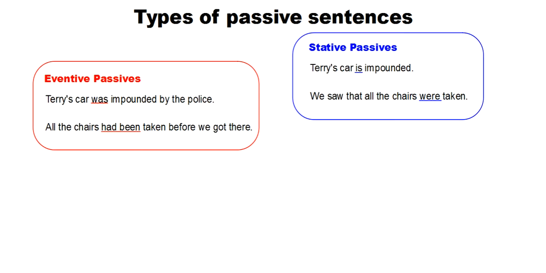So because Terry's car was impounded, it now is impounded. Because all the chairs had been taken, when we got there, we saw all the chairs were taken. So usually the stative passive is going to be one step ahead of the eventive passive, if you're comparing them like this. But just as a basic definition, the stative or static passive is describing the results and not the event.